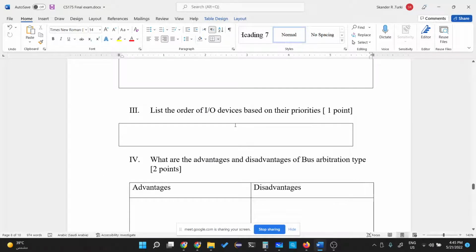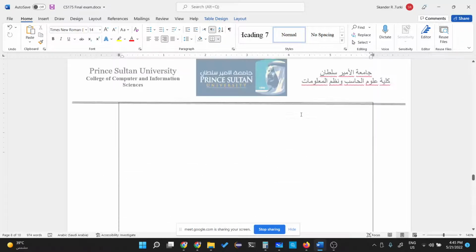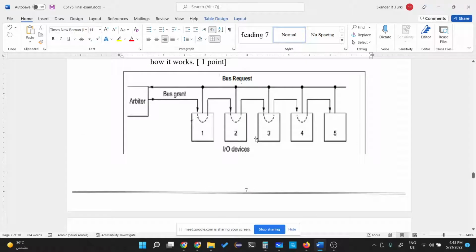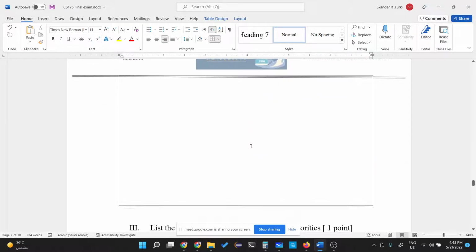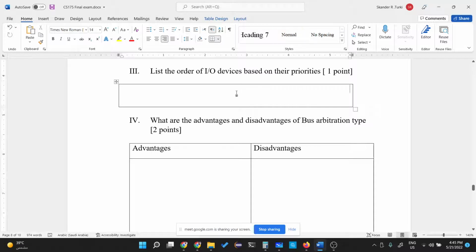List the order of input-output devices based on their priorities. What are the priorities here? The highest priority goes to which device? The first one. Here the priorities are fixed and they have the same order of the elements.